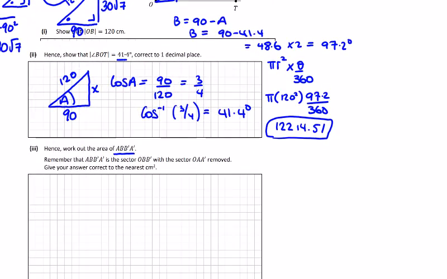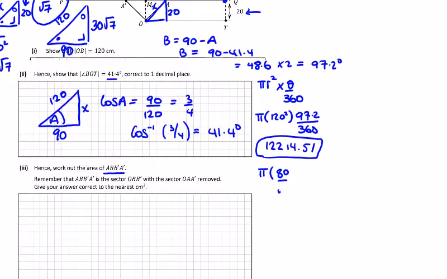So the area of the smaller one is pi by 80 over root 7 squared, the angle's the same, by 97.2 over 360, that equals 775.52452.